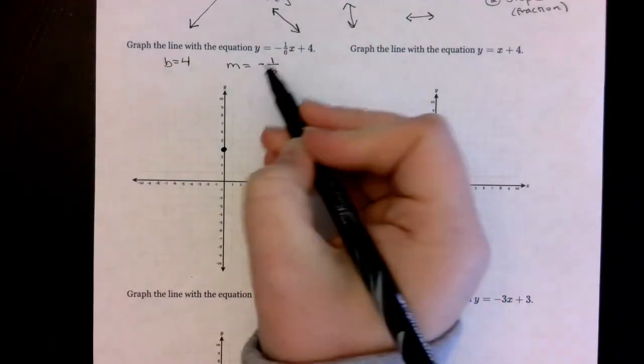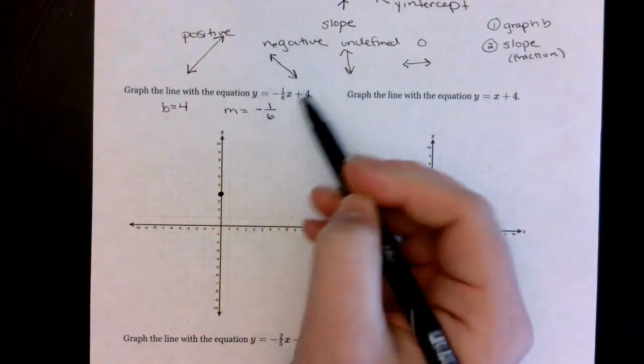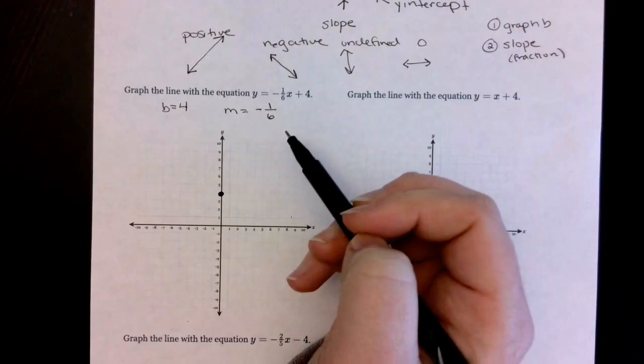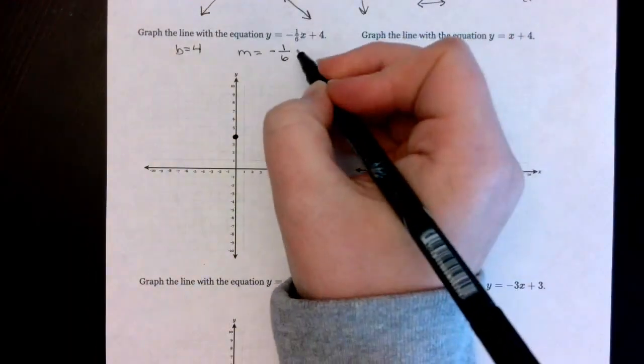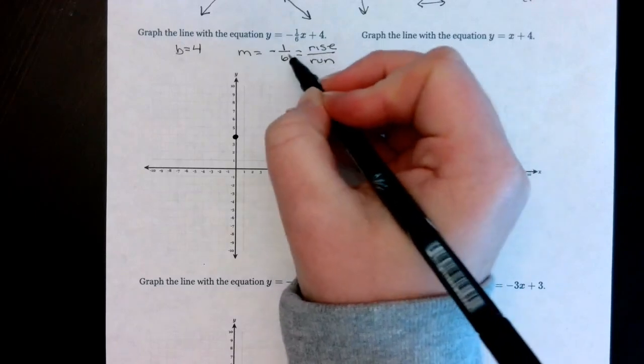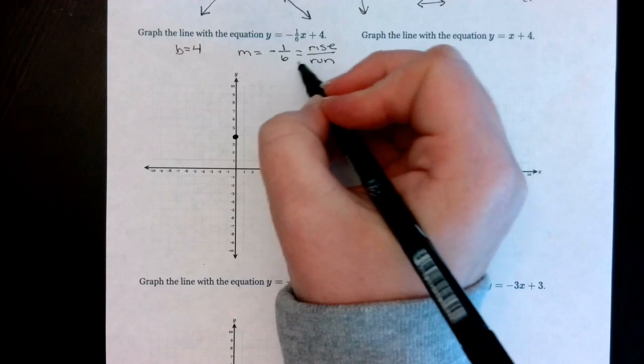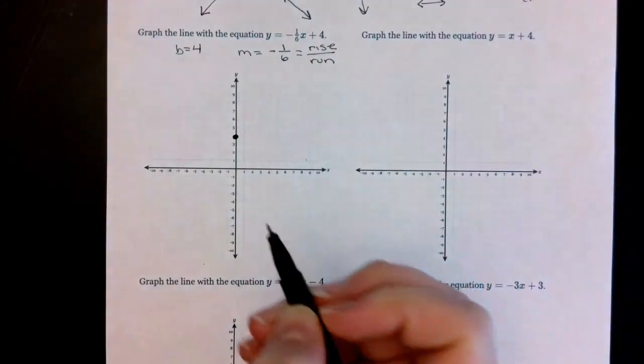Now I notice my slope is negative, so that means it's going to be going downwards, and you always need to check to make sure it's going in the correct direction. Slope is rise over run. You go up so many or down so many, and you always go left or right on the number on the bottom.